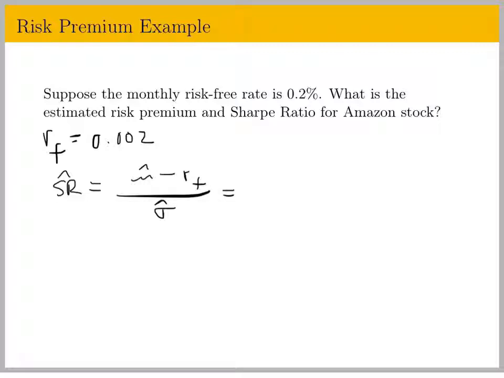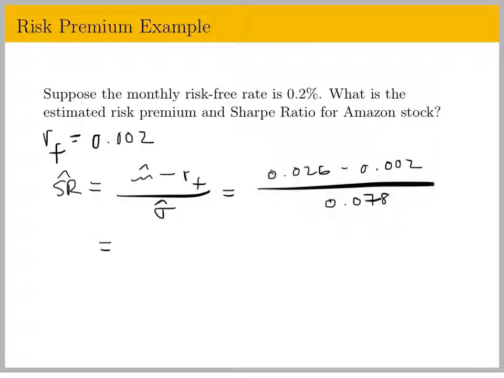We estimated mu hat to be 2.6%, so 0.026. I'm going to subtract off 0.002 and divide by 7.8%, which is 0.078.